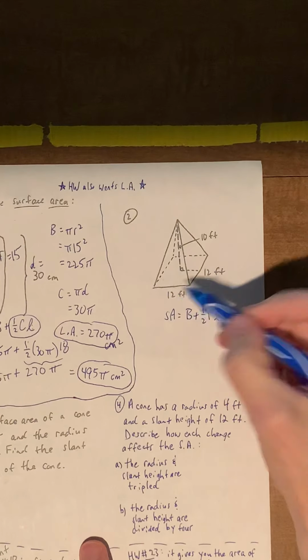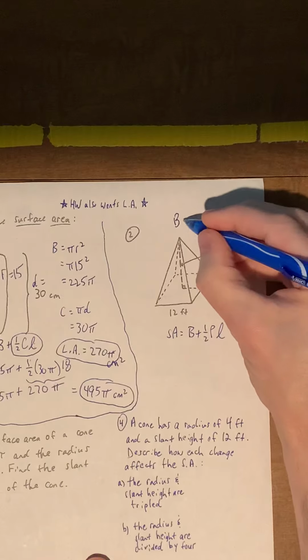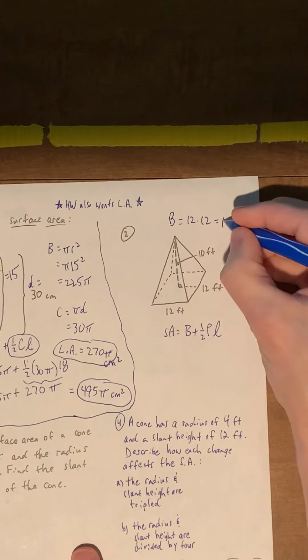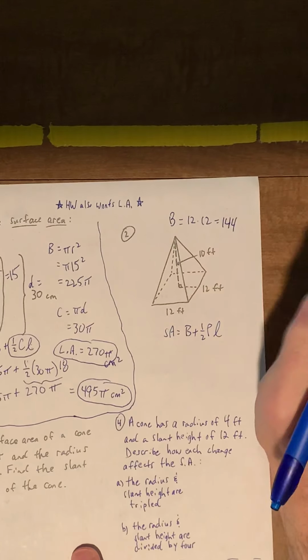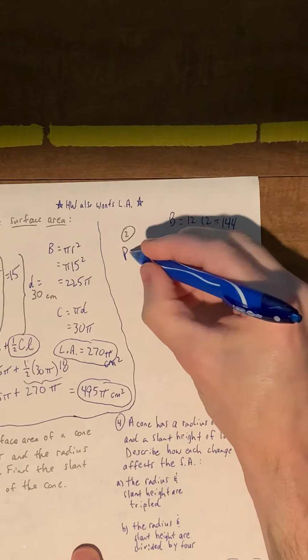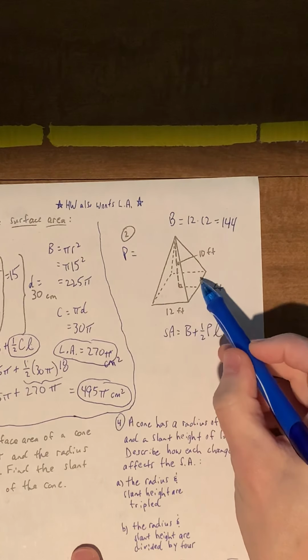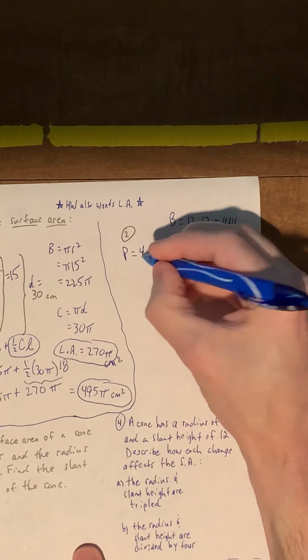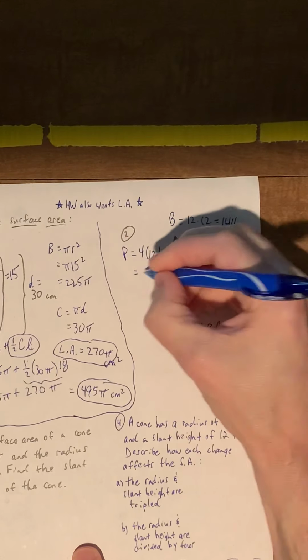We have a 12 by 12 square base. So that's easy. 12 times 12 for the area, 144. P is the perimeter of the base. Perimeter, 12, 12, 12, and 12. Add up the 4 sides. 4 sides of 12 gives us a perimeter of 48.